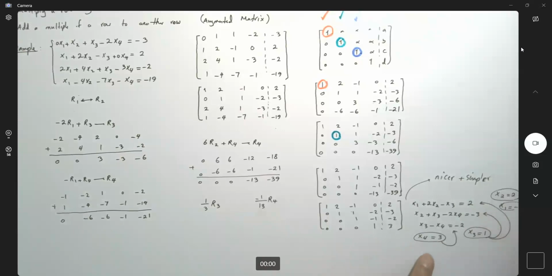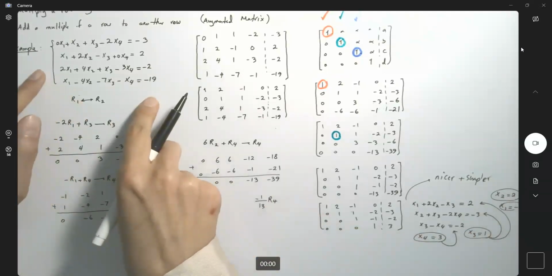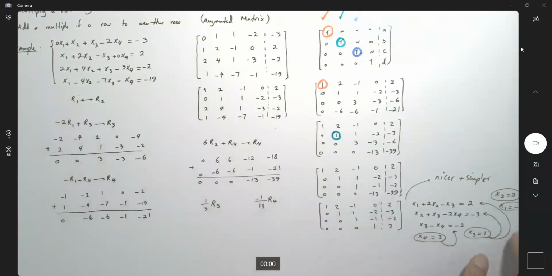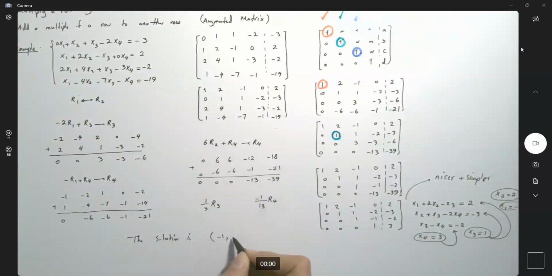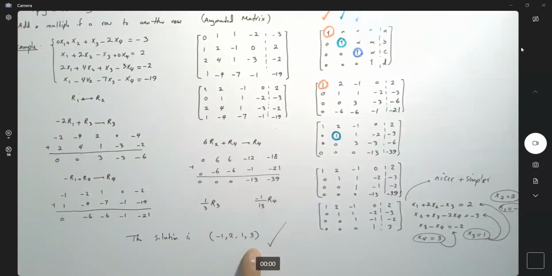So the solution for the original system is negative 1, 2, 1, and 3. The intersection between these four equations has one solution, which is negative 1, 2, 1, 3, where x, y, z, and the last parameter are written this way.